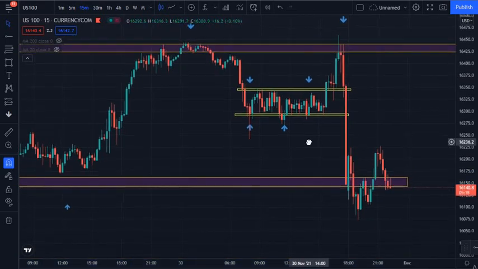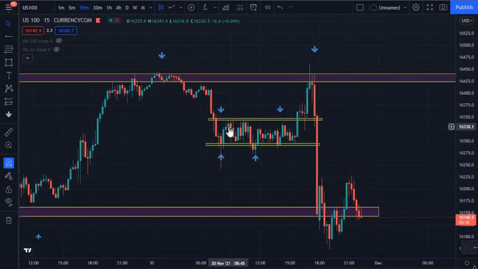Here we've got our market, and here we've got US 100 on the lower time frame, the 15-minute to be specific. Within this, we found our area of value because price was consolidating within this range.